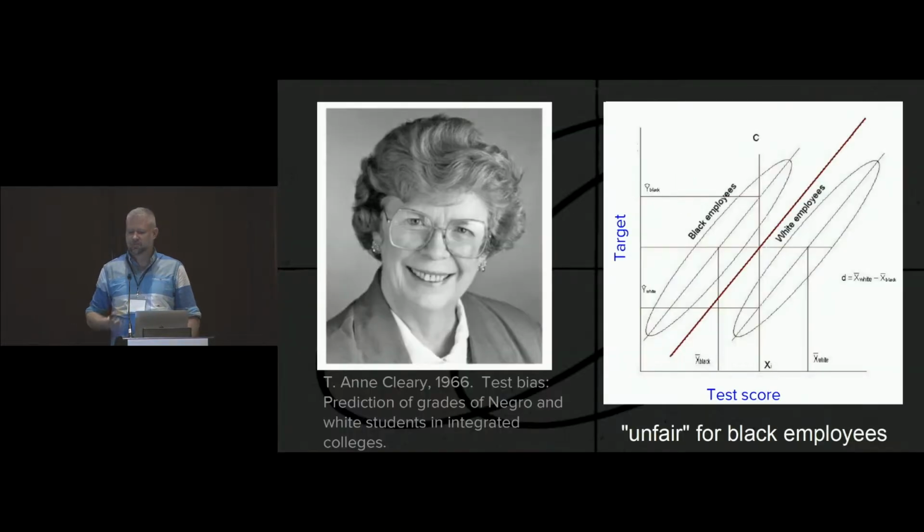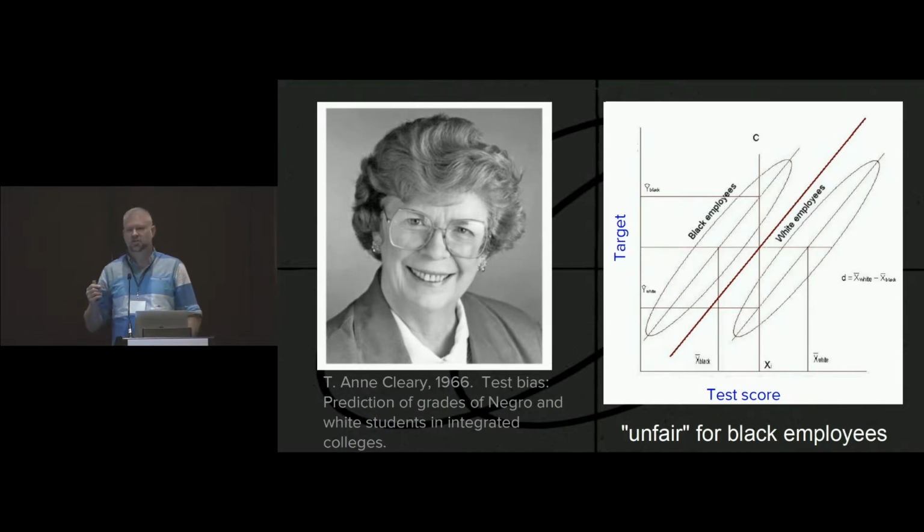There's this very important early work by Cleary in 1966, and she viewed fairness as a prediction problem. She was concerned with fairness of SAT scores and other educational testing, and she was concerned with how well did the test predict a student's future performance.